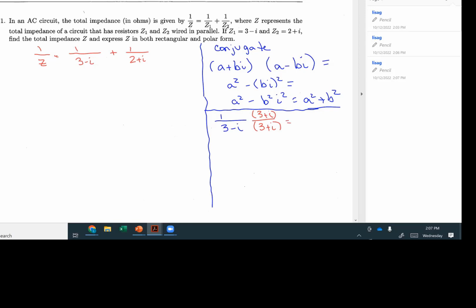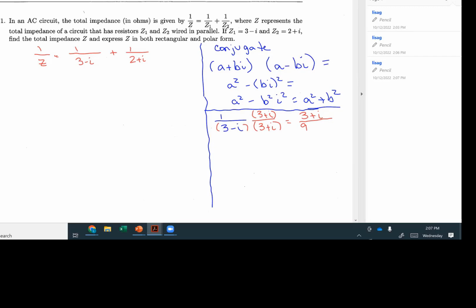This is going to be equal to 3 plus I divided by, if we multiply these times each other, again we have the difference of squares with complex conjugates, 9 minus I squared.